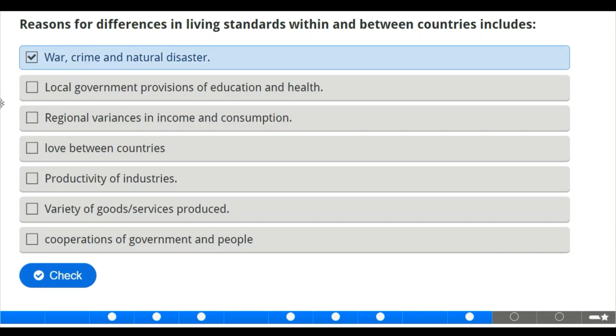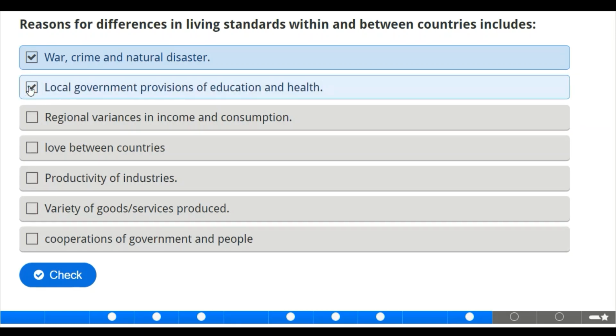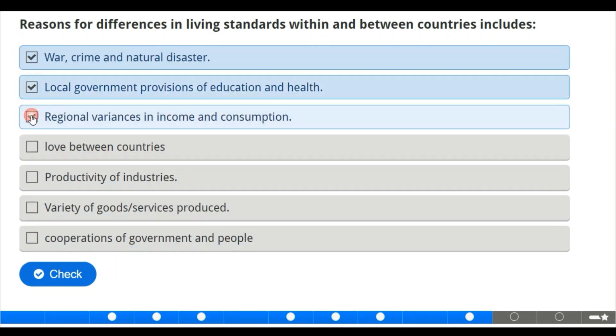Here we also have local government provision of education and health. Of course, that should also be a reason. We have the regional variances in income and what? And consumption. Regional differences in income and consumption are also part of why we have differences in living standard.